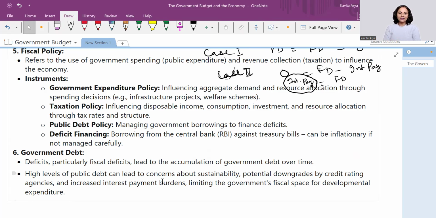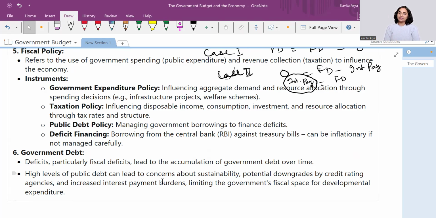When we talk about government debts, debts mean bad because the general concept is that debts would lead to a burden on the economy, but you must keep a note that if the debts of the government are for strengthening the infrastructure, then these are not always taken to be bad.